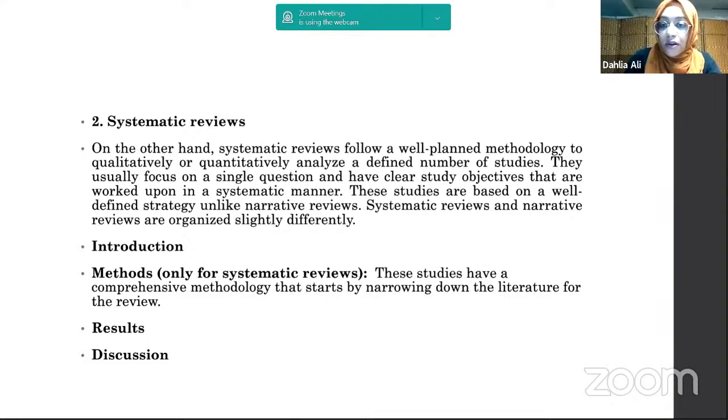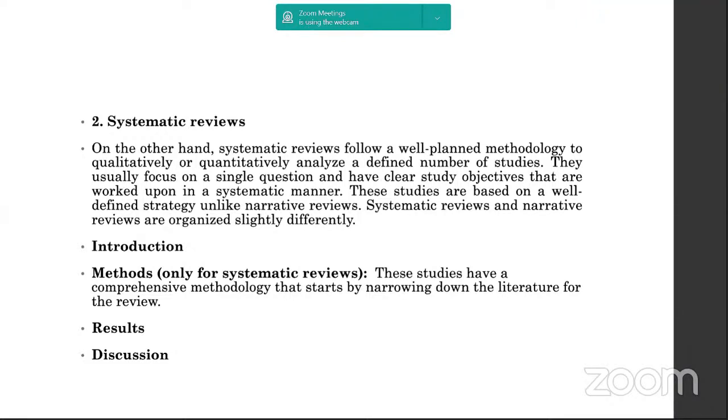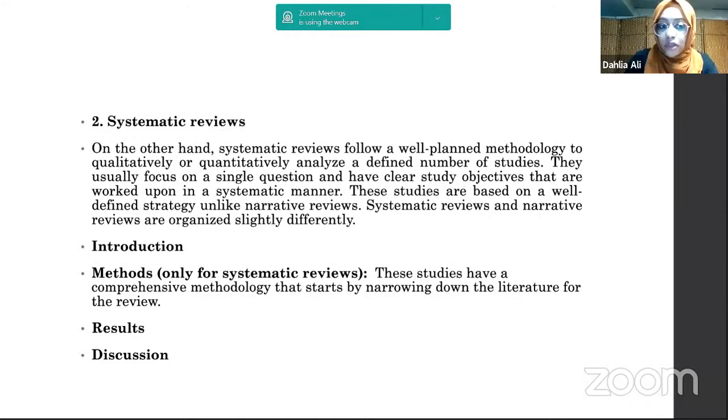These studies are based on a well-defined strategy, unlike narrative reviews. The systematic review steps are introduction, methods, which appear only in the systematic review, with a comprehensive methodology that starts by narrowing down the literature for the review, and of course the results and discussion.